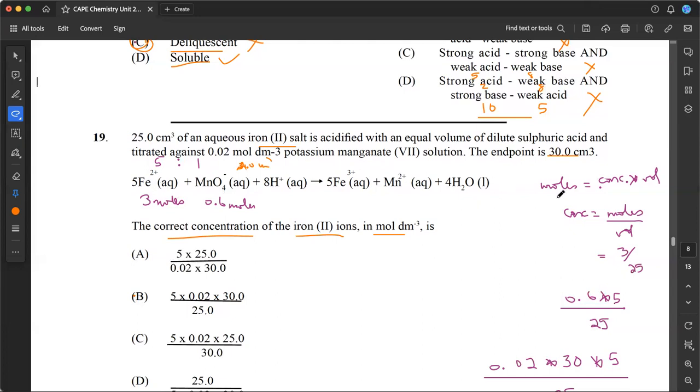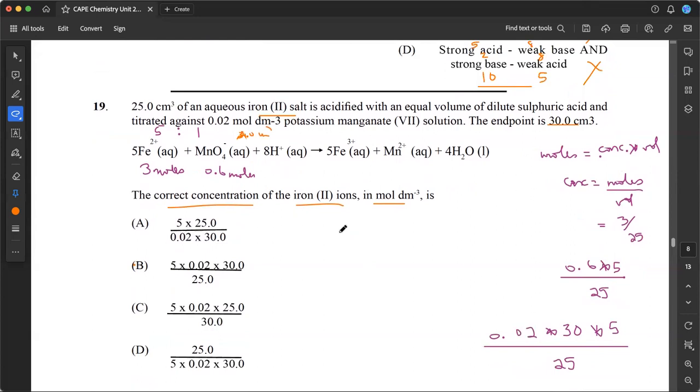And so let's come over here, and we know that moles is equal to concentration times volume. And so concentration will be equal to moles divided by volume, right? And so we can find out the number of moles of MnO4 that were used by multiplying its concentration times volume.